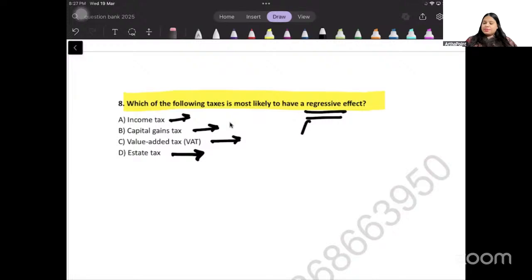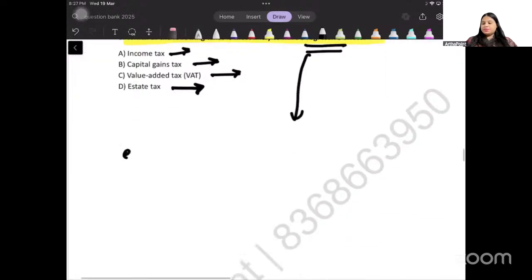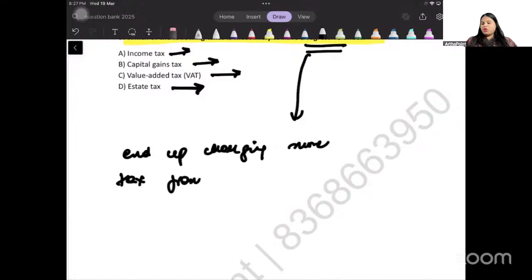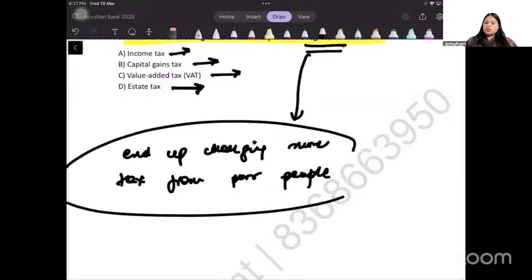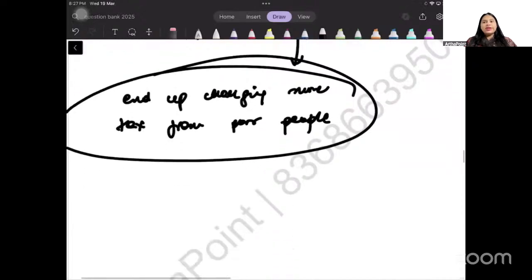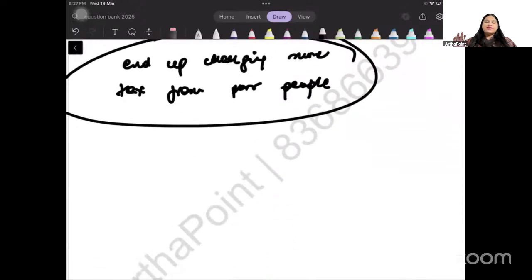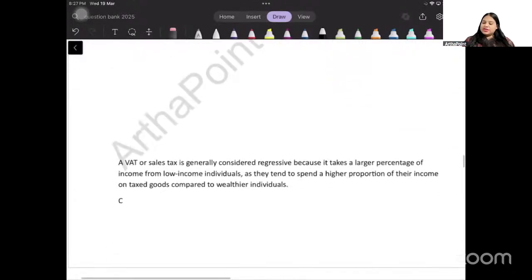रिग्रेसिव का क्या मतलब था? दैट यू एंड अप चार्जिंग more tax from poor people. When you end up charging more tax from poor people, बेटा वो regressive effect है एक तरीके से, है ना? So for example, let us say that there is a sales tax.